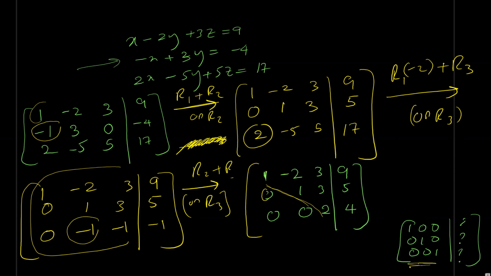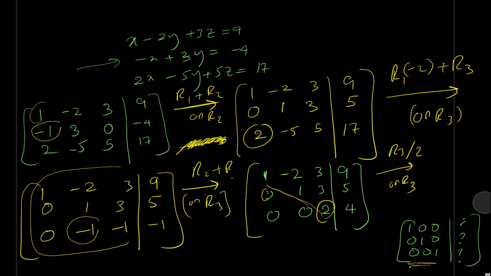Now what I would like to do is divide R3 by 2 and keep it on R3, because I can make this guy into 1, right? That's much better. So 1, negative 2, 3 and 9. Oops, I don't have enough space.